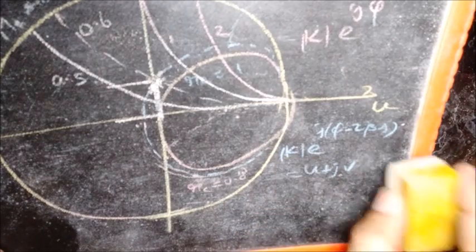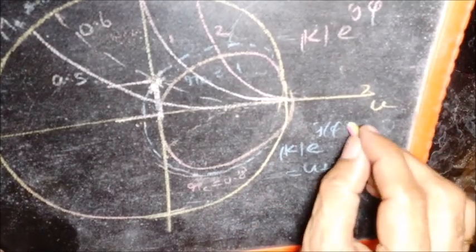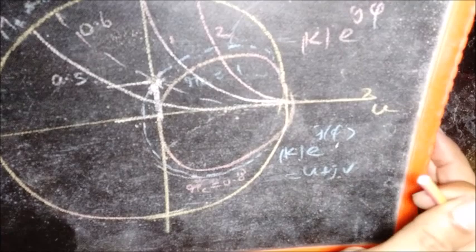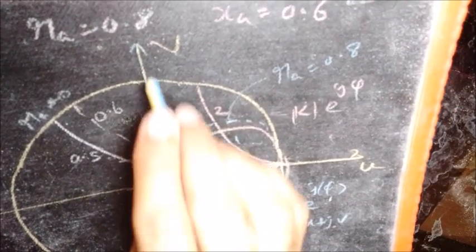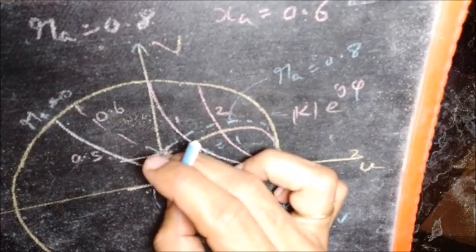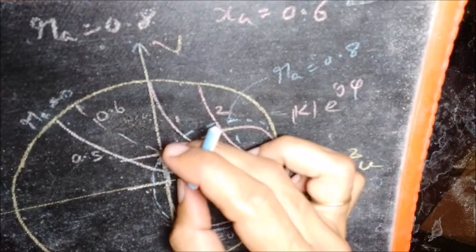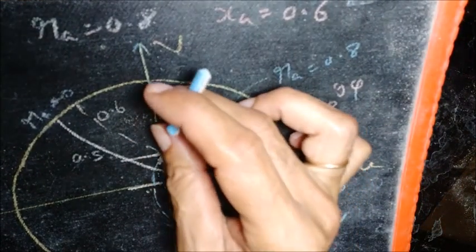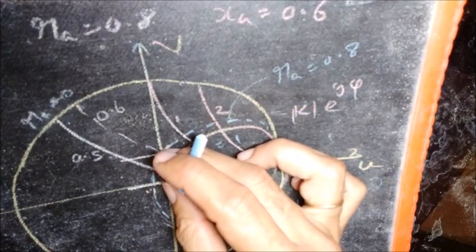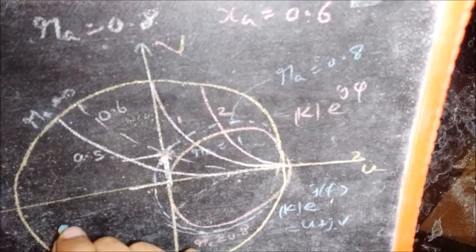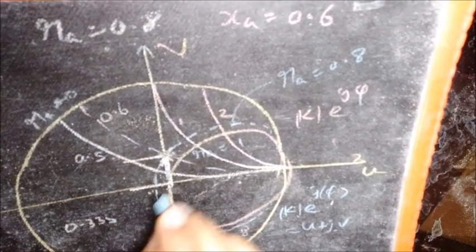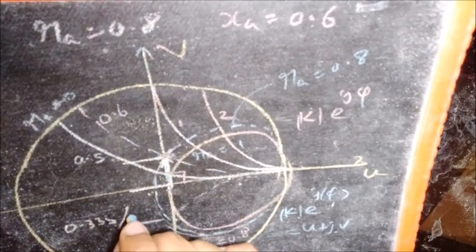We have s equal to 0 in our case, so the reflection coefficient is u plus jv, and in this case we found that u is 0. V, if you find in the actual Smith chart, and even the way I have drawn it here, looks roughly 1 by 3. So the reflection coefficient magnitude is 1 by 3, that is 0.333, and the angle is pi by 2.